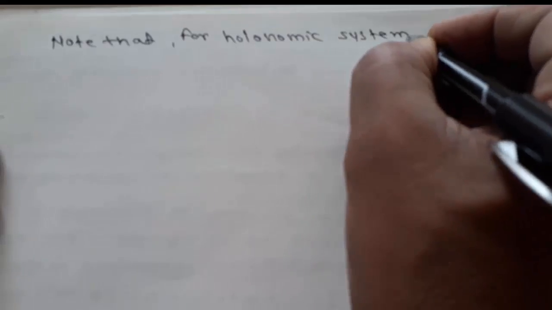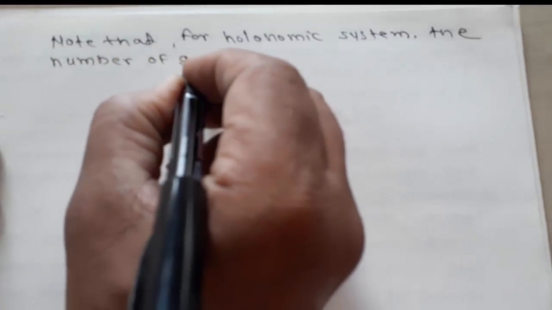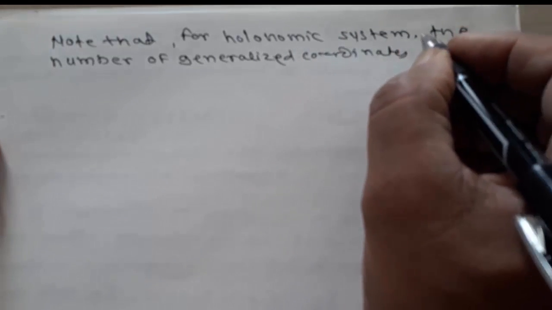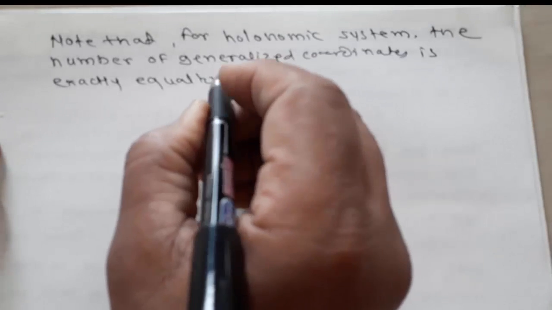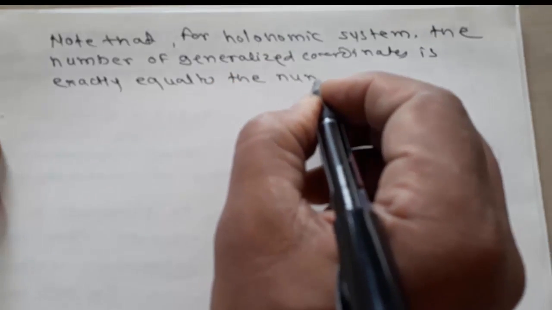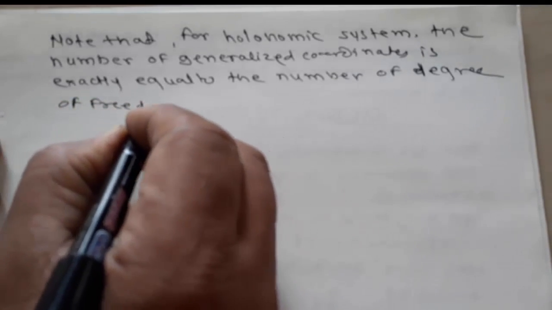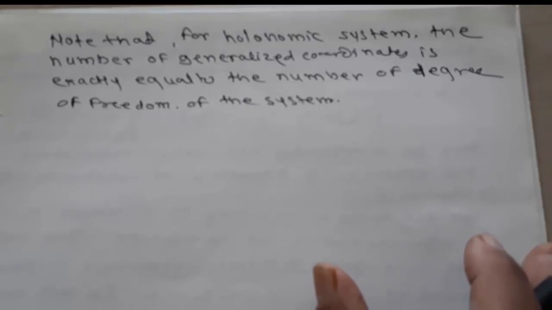Note that for a holonomic system, the number of generalized coordinates is exactly equal to the number of degrees of freedom of the system.